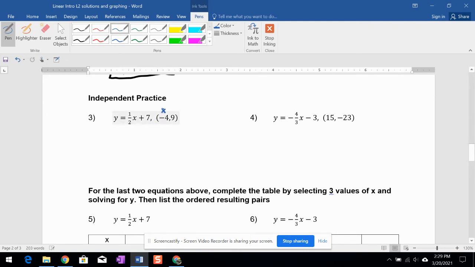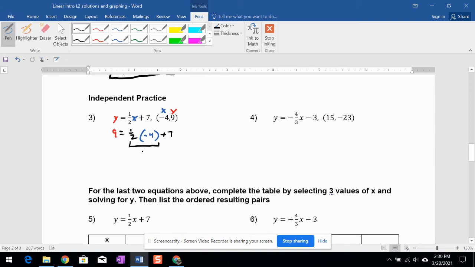So one more time, we have our ordered pair. We know the -4 is our x, which will get substituted in for x. We know the 9 is our y coordinate, which will get substituted in for y. So let's substitute those values in. So 9 is equal to 1/2 times, for the x coordinate, -4 plus 7, and follow your order of operations where necessary.